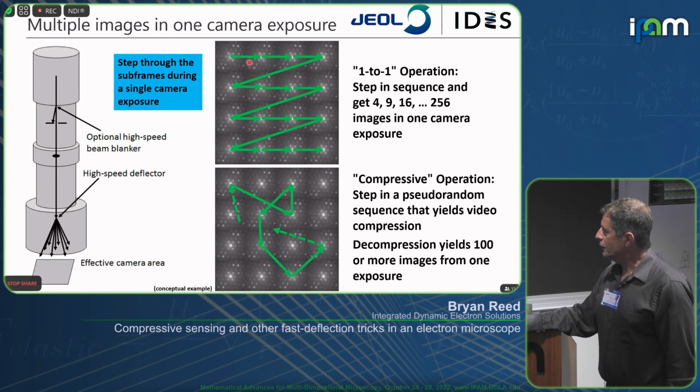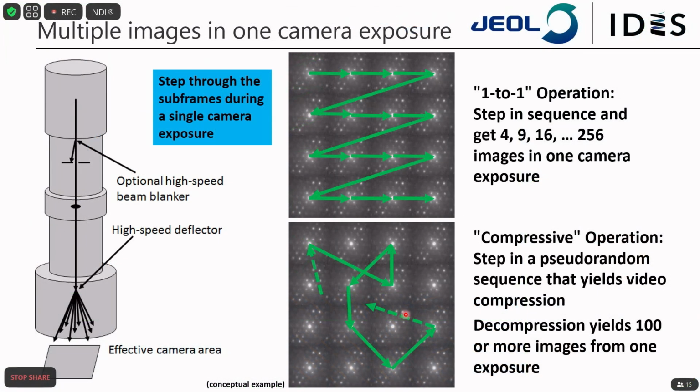So you can just subdivide the time, the exposure time of the camera, into 16 and just expose them in sequence. But you can also expose them completely out of sequence, jumping around and returning to the same position multiple times, which ends up implementing a compressive sensing matrix.